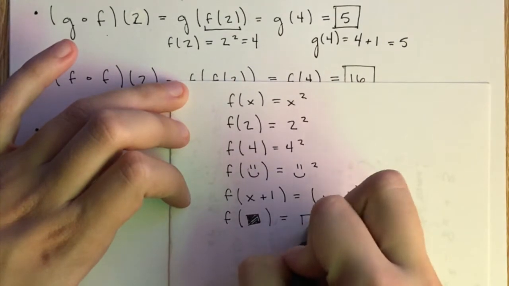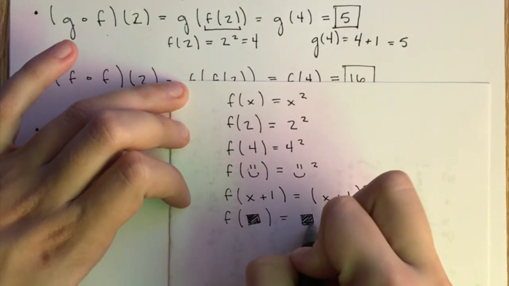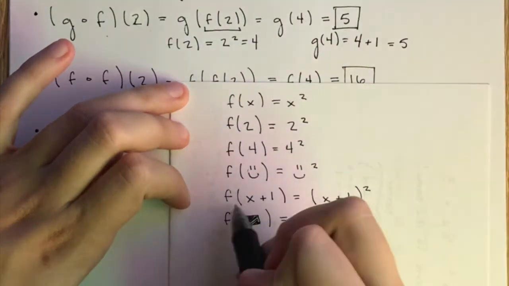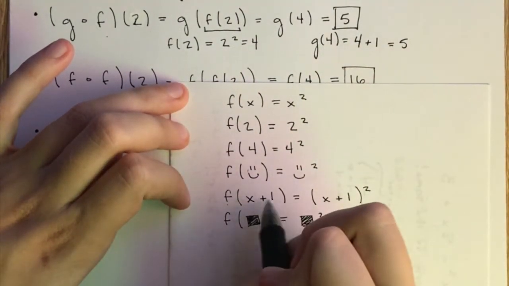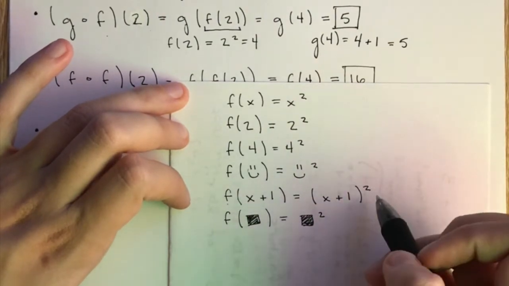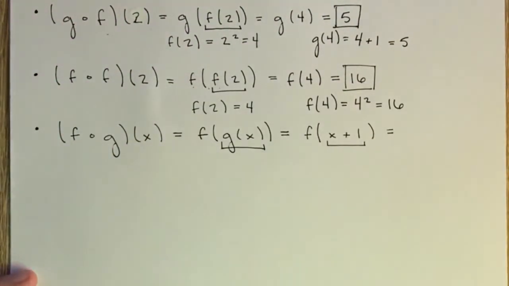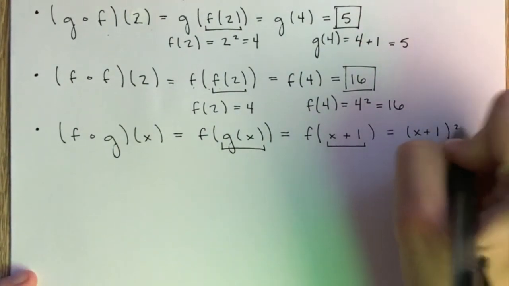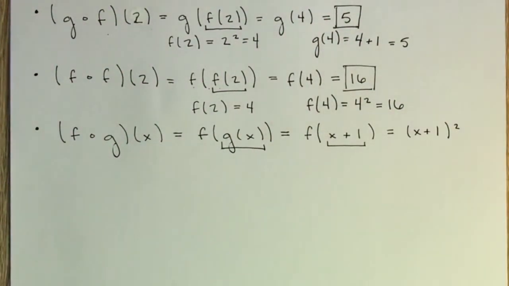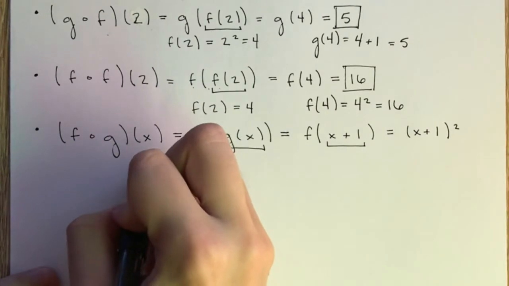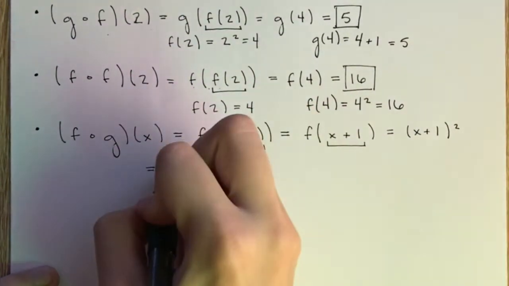And f is taking whatever that is and squaring it. So if I plug x plus 1 into f, I'm going to get x plus 1 squared. If it didn't ask us to simplify, this would be the answer. If it did ask us to simplify, we would need to simplify. How would we simplify this?